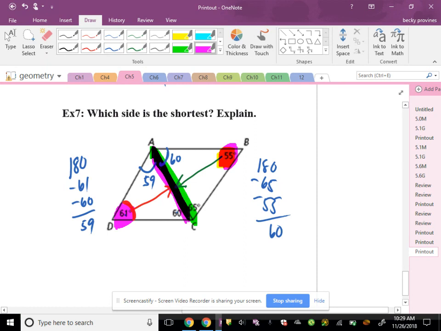Okay, so look at the other four choices, which is 59, 60, 60, and 65. Obviously, 59 is the smallest. So what's across? Across is DC or CD. So DC is your answer.